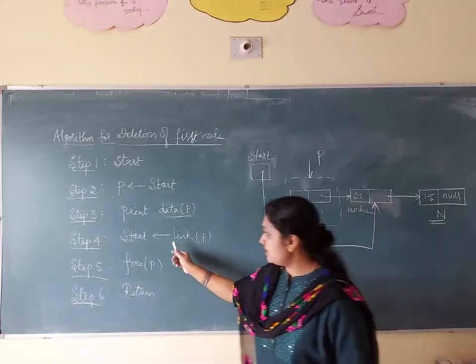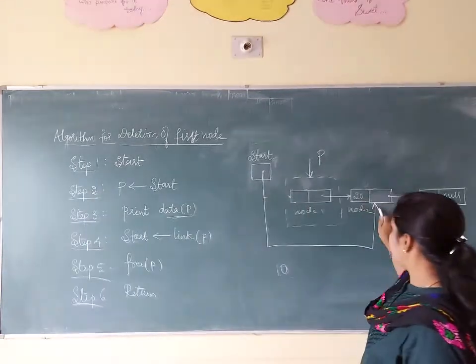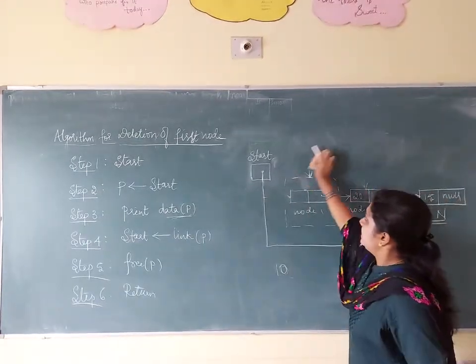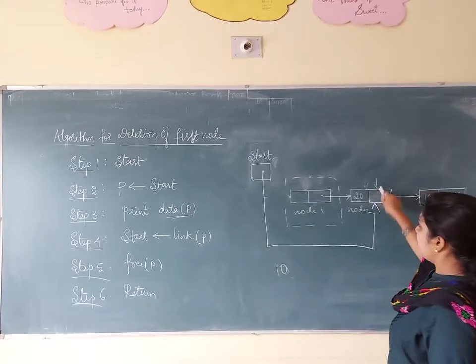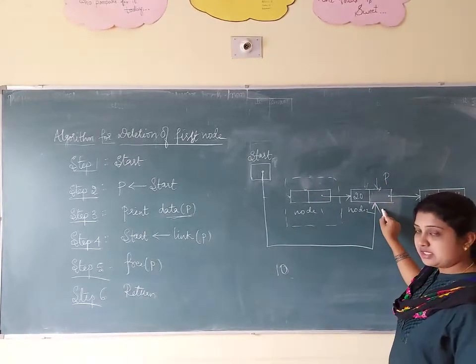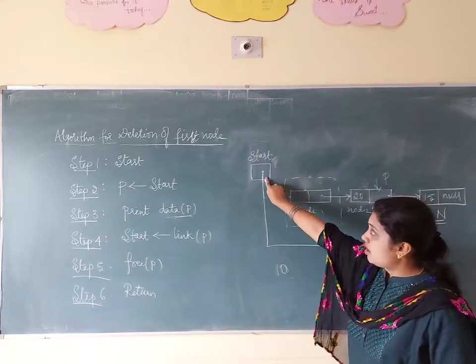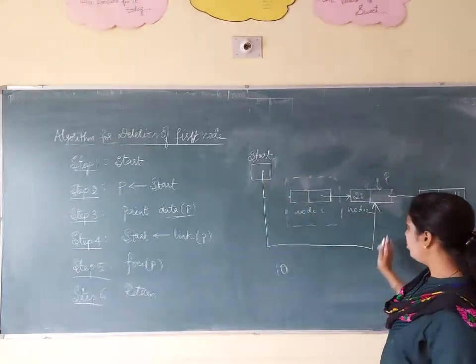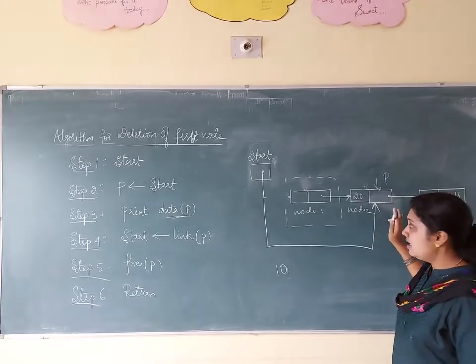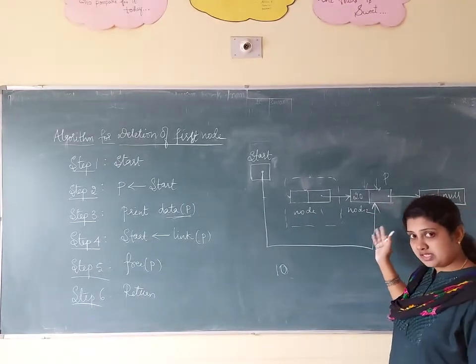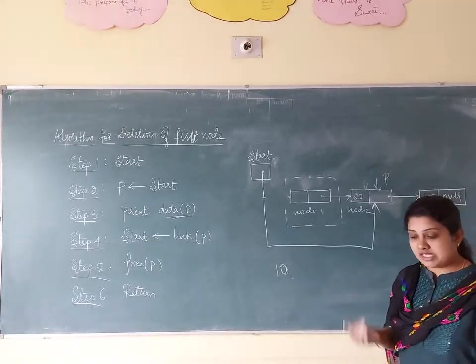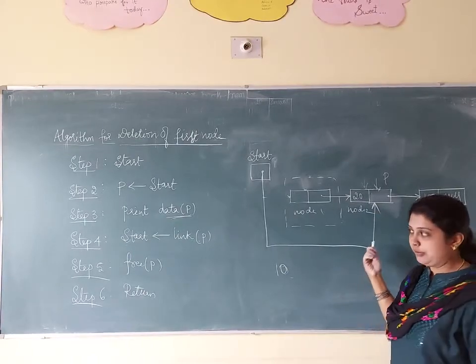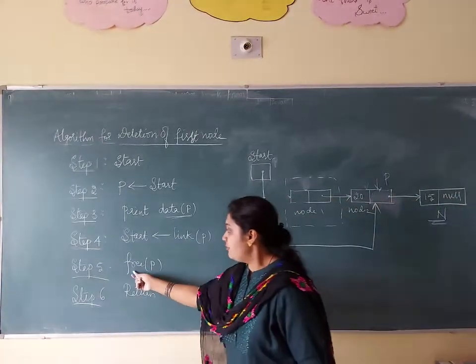So here the link of P will point to here. It will become your first node only, because the start always gives you the location of your first node. After this, free P.